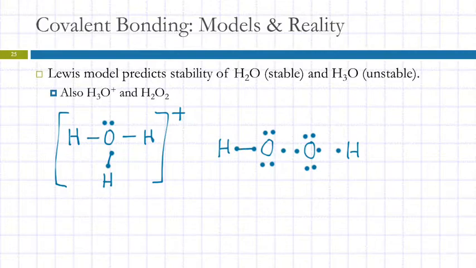So hydrogen can share with that oxygen. This hydrogen can share with this oxygen. And then the oxygens can share with each other. And that gives us an octet for each of the elements, each atom. So we predict that H2O2 is stable, and it is, hydrogen peroxide. Any questions? Very quiet bunch today.